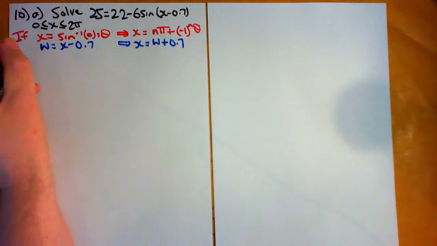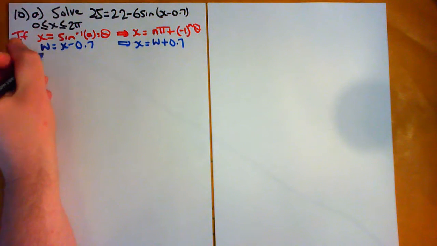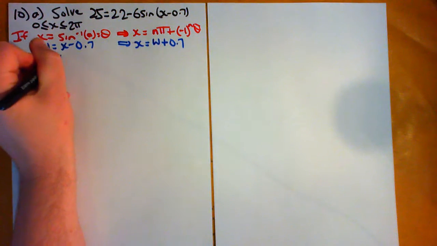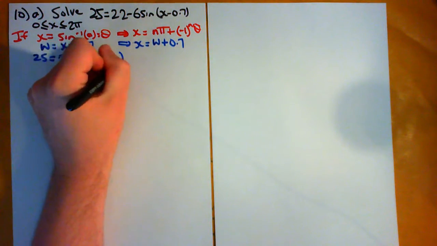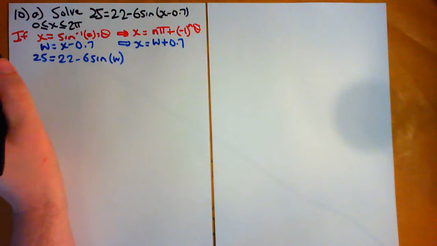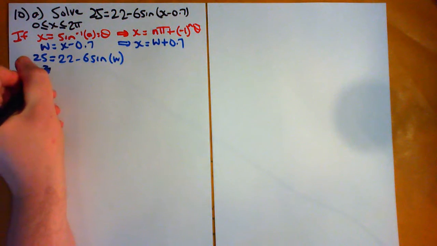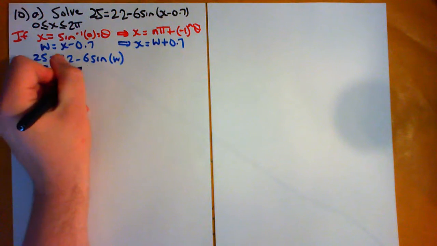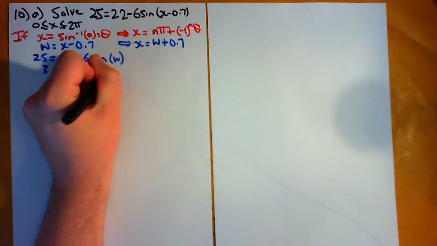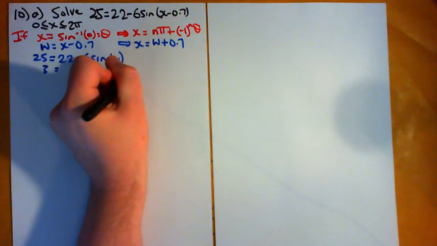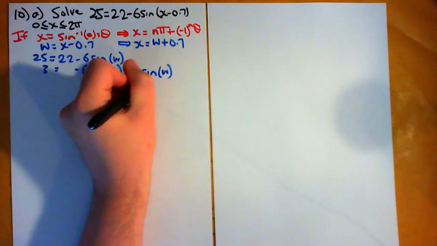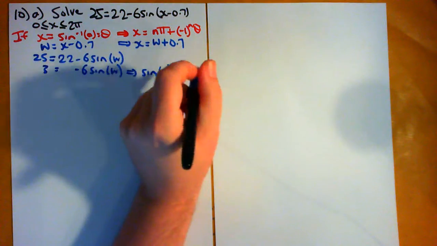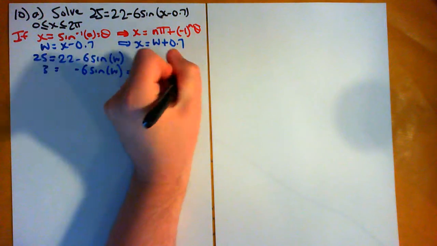So if that's your w, then your equation is 25 equals 22 minus 6 times sine of w, and if we subtract 22 from both sides, we get 3 equals minus 6 times sine w, and so therefore sine w equals minus 3 over 6, which is minus 1/2.